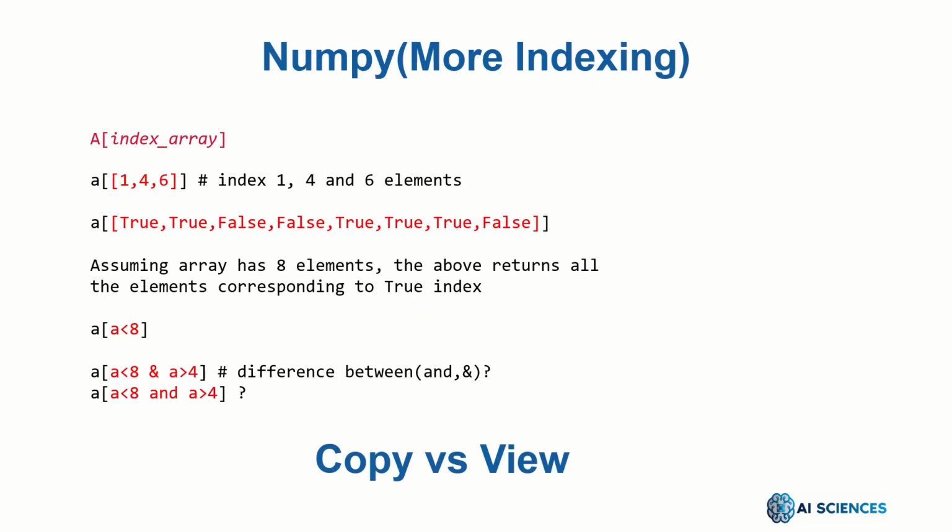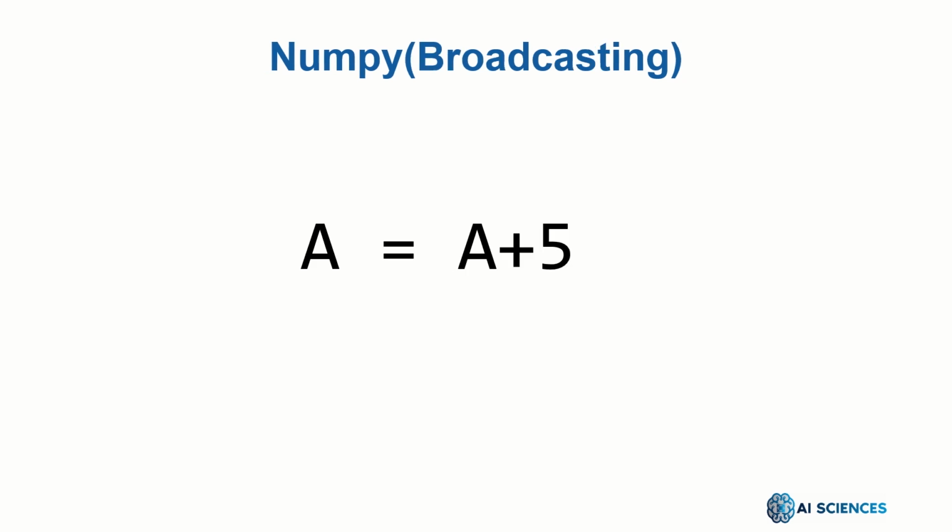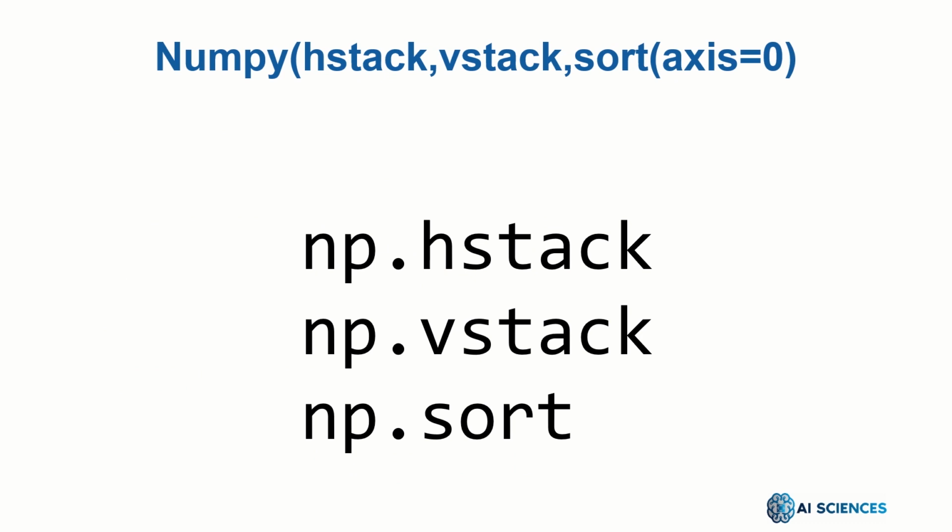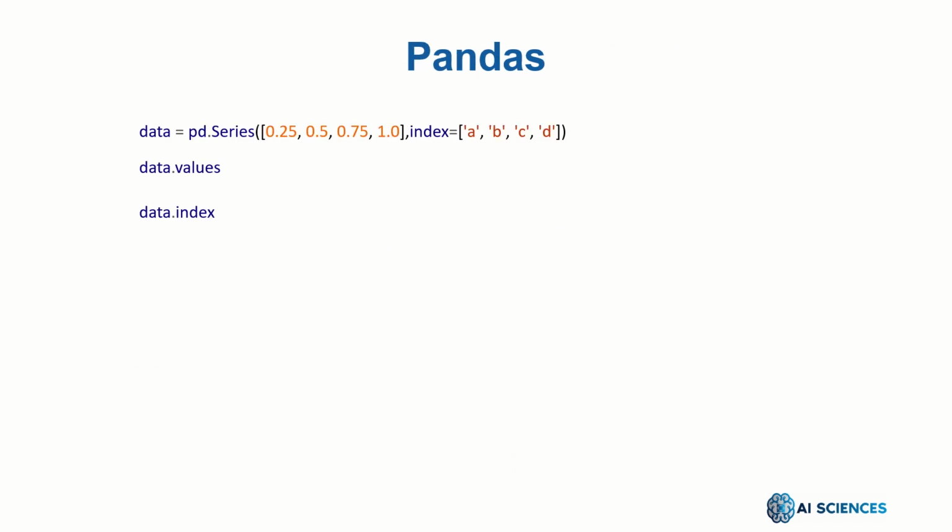Then we discussed masking, sometimes called fancy indexing, in NumPy, and we discussed how this kind of indexing differs from ordinary slicing in terms of creating a copy rather than a view. Then we talked about broadcasting and some other universal functions in NumPy, and we then switched our discussion to pandas.